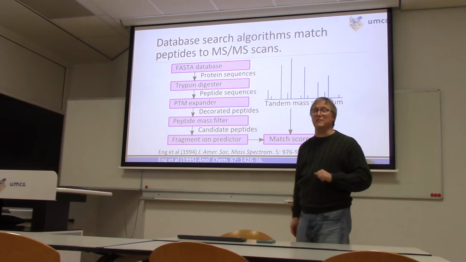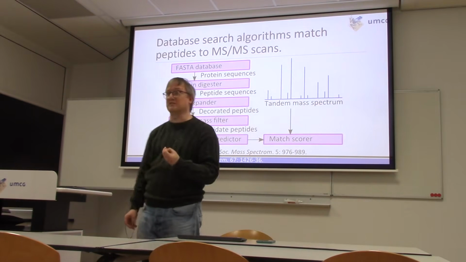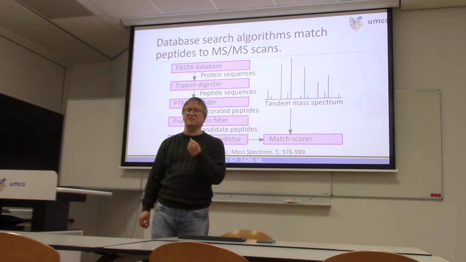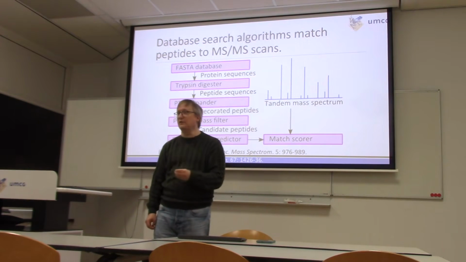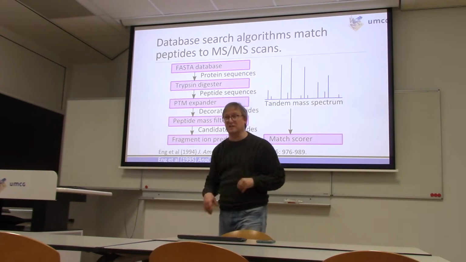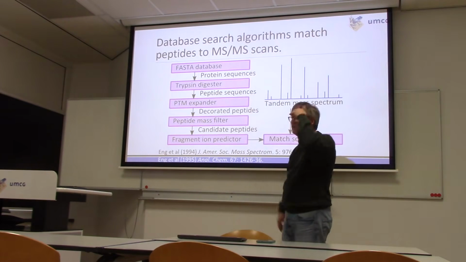So, database search is the big hit for bioinformatics, making proteomics possible. Database search algorithms are the standard method. They're not the only one, but they are the standard method for how we match a peptide sequence to tandem mass spectra. So let's talk through all the different pieces that make that possible.